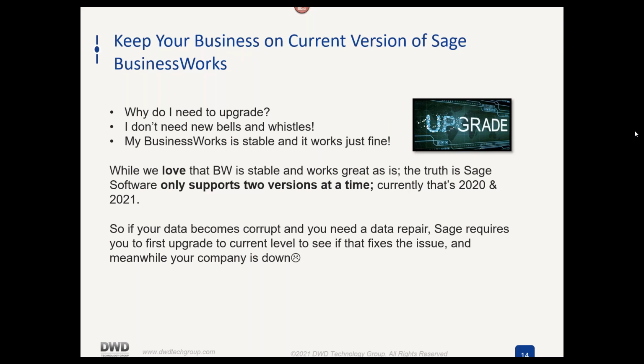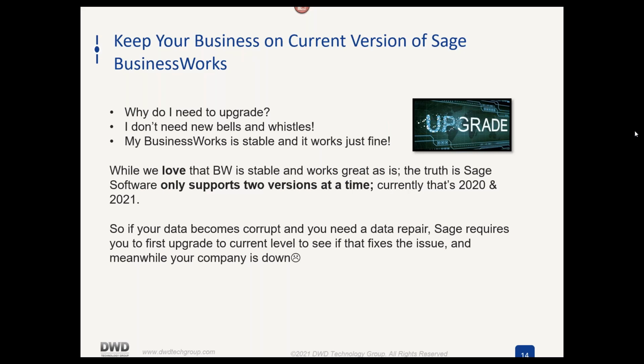A lot of the issues are related to what Sage will support. And they just have to manage their resources, just like all of us have to manage our resources, that it's not feasible to maintain more than 2 versions concurrently.